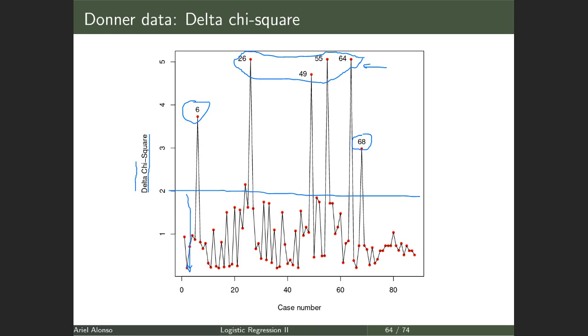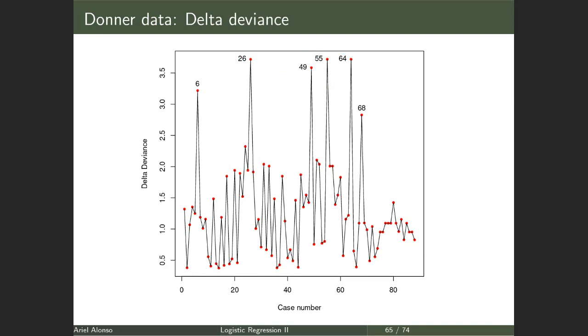So it's difficult, guys. It's not like a linear regression. It's a little bit more difficult, but you use them in a kind of exploratory way. And here you have the delta deviance. And again, here you see most of the mass of the values are lying in this band.